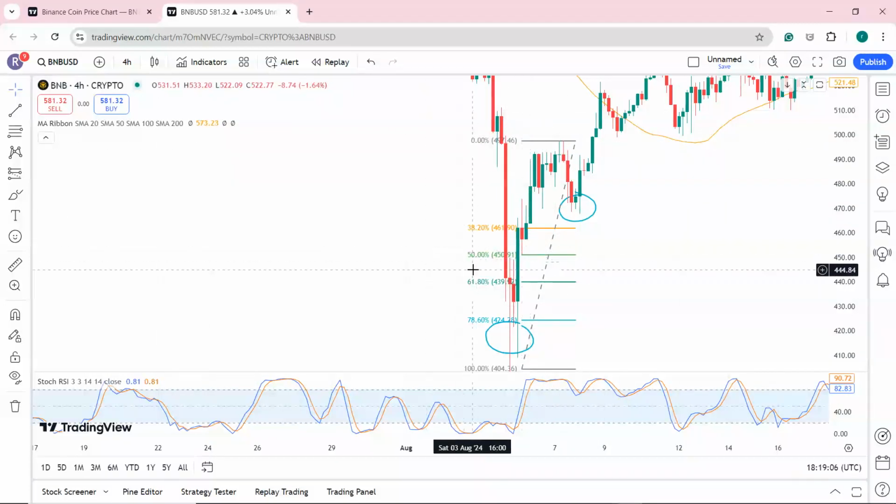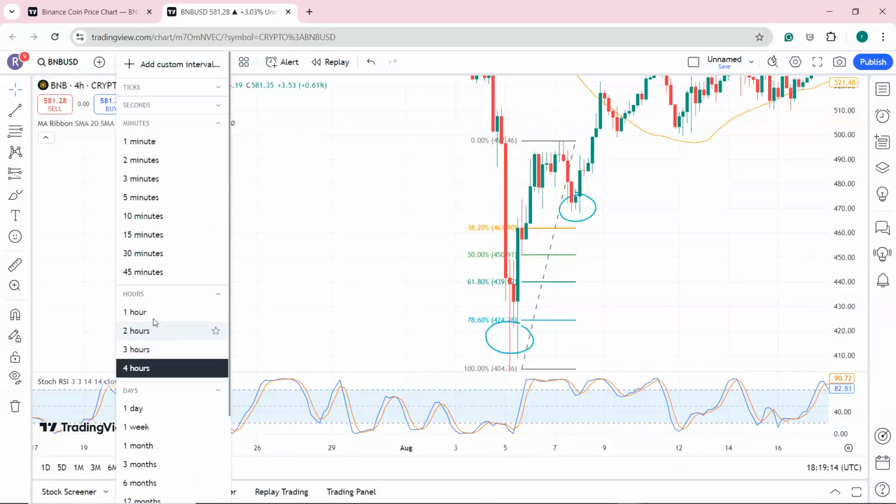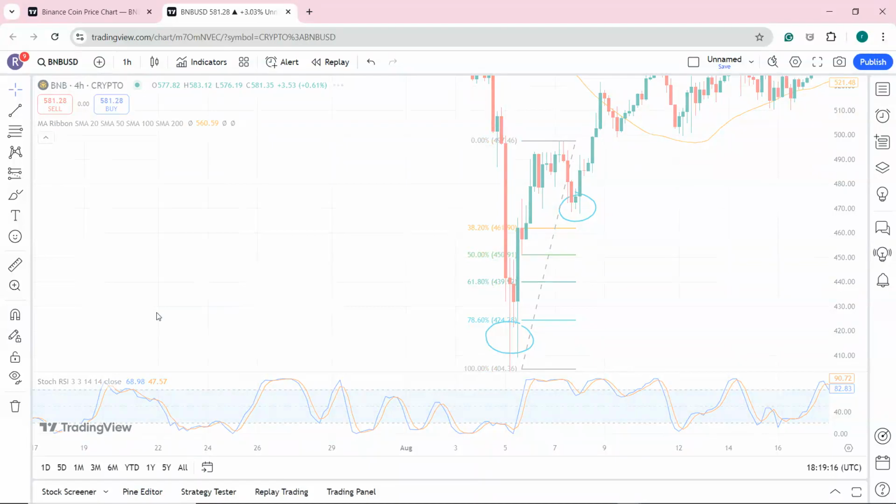Take a look at it now. Look at the 50%. This red candle is a pullback candle. If you go to a lower intraday time frame, let me push it to 1 hour so you can see what I'm talking about.